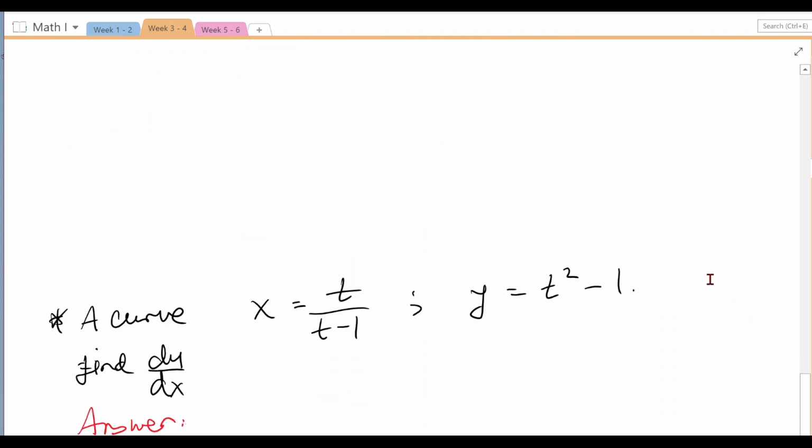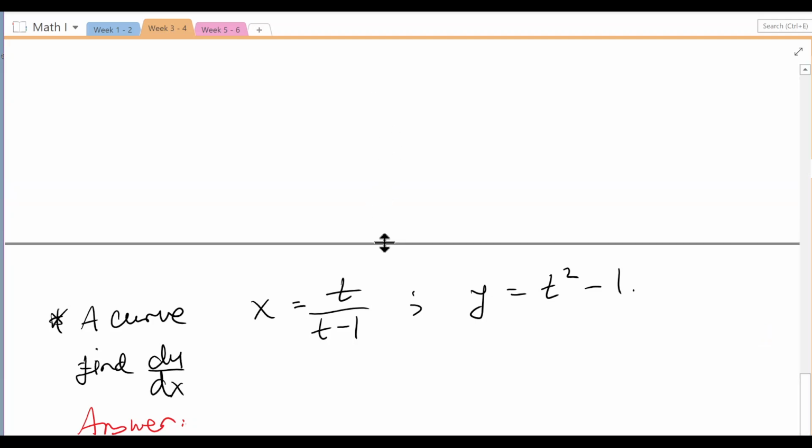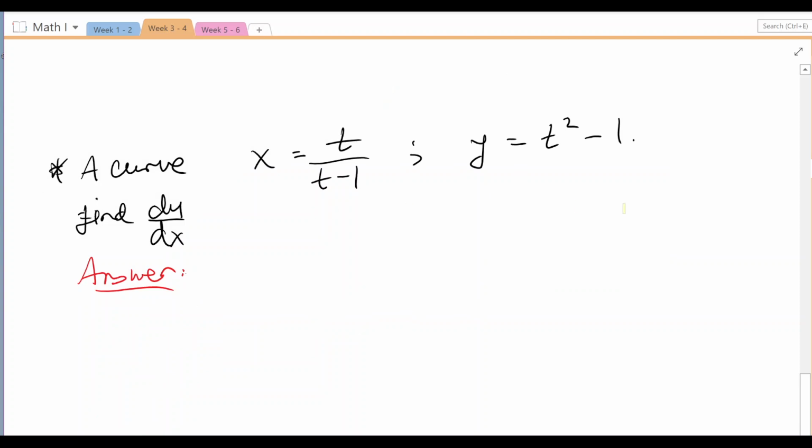Okay, here's another one. Let's make some room first. Again this is similar to before, so we are only asked for the first derivative, dy with respect to x.